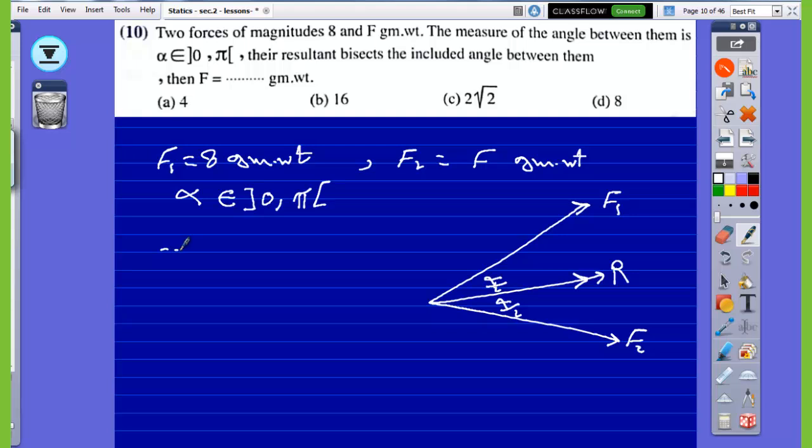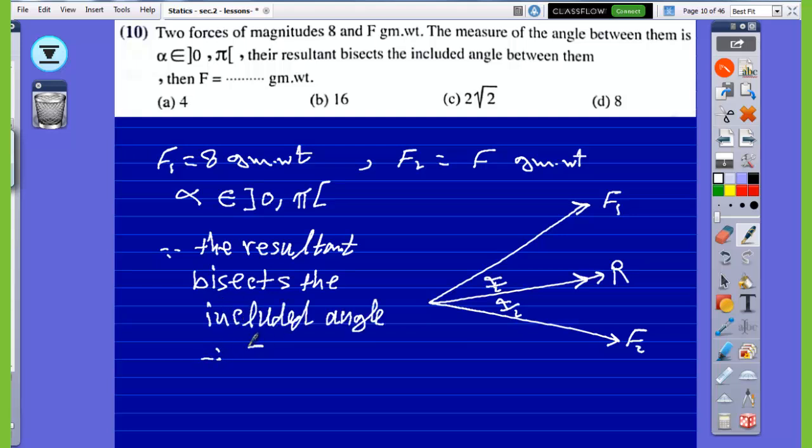So since the resultant R bisects the included angle, F1 equals F2, and each equals 8 gram weight, and this is your choice.